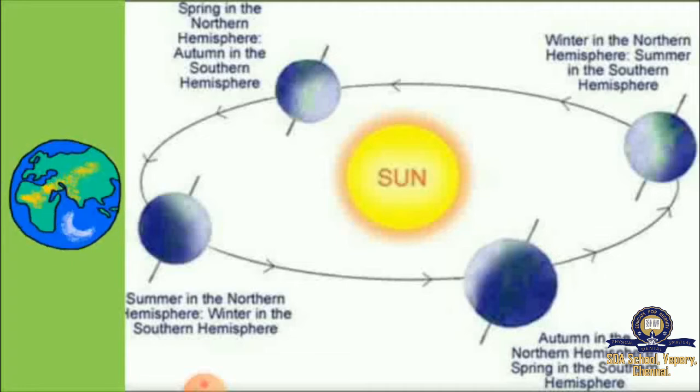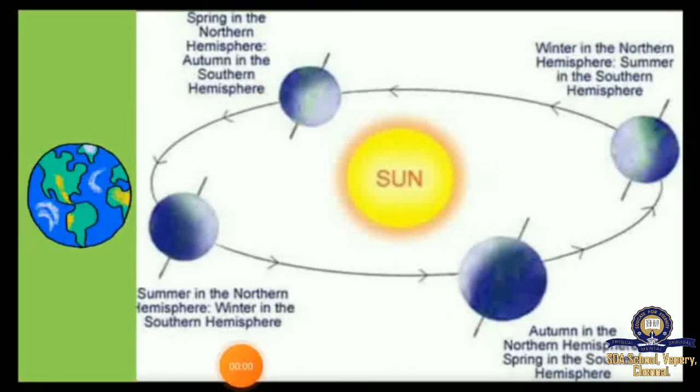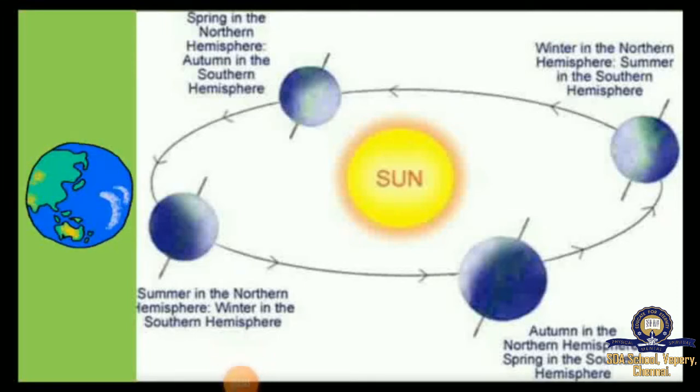It will be neither very hot nor very cold in both hemispheres. That is, autumn is present in the northern hemisphere and spring is present in the southern hemisphere. These are the changes of seasons that occur every year, children.